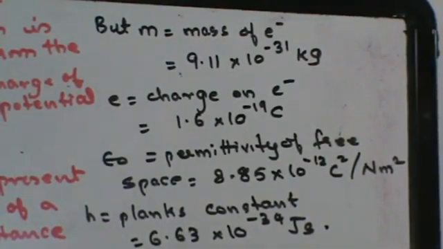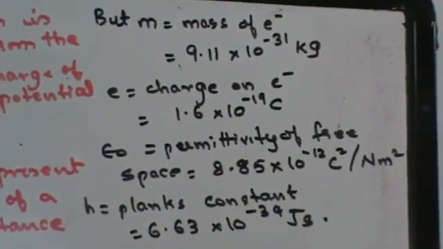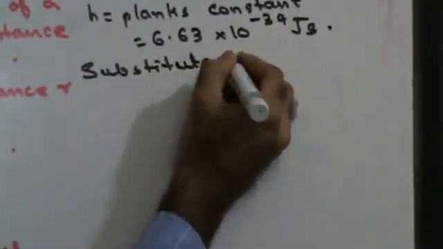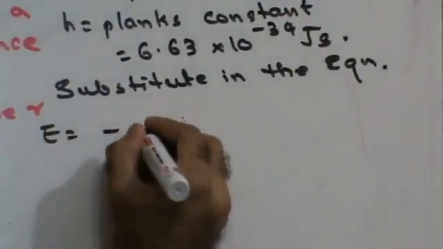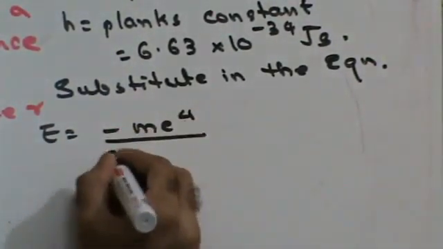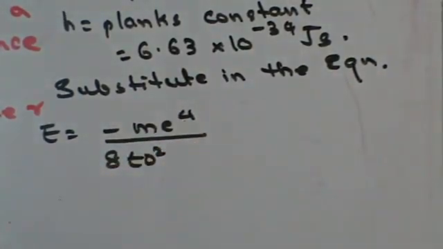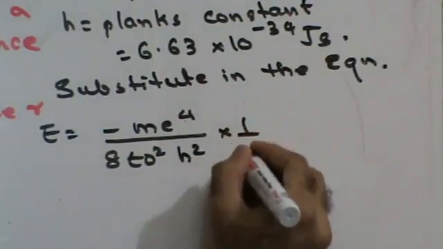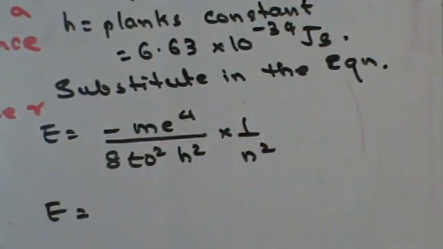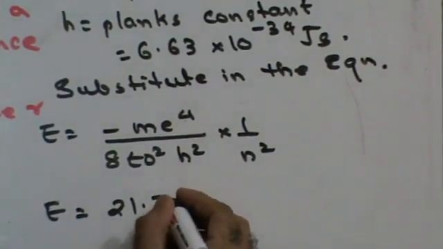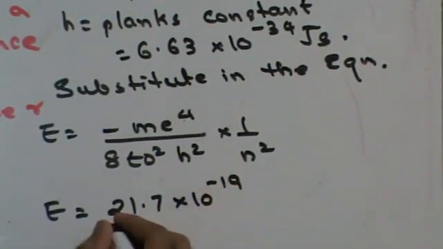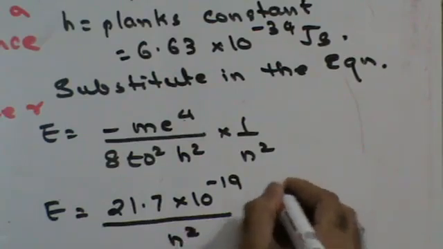If I substitute in the equation E is equal to minus m e4 upon 8 epsilon 0 square h square into 1 upon n square, you will get the value of E to be, if I substitute all the values and solve, minus 21.7 into 10 raised to minus 19 upon n square joules.